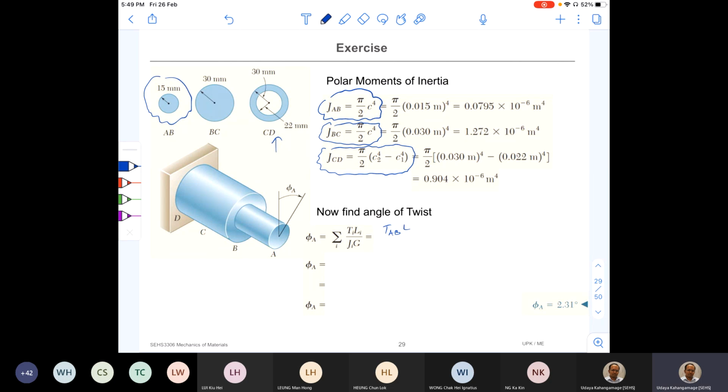TAB times LAB over JAB times G, and then add the second portion, TBC LBC over JBC times G, plus the third portion, TCD LCD divided by JCD times G. Now you should be able to substitute all the numbers.